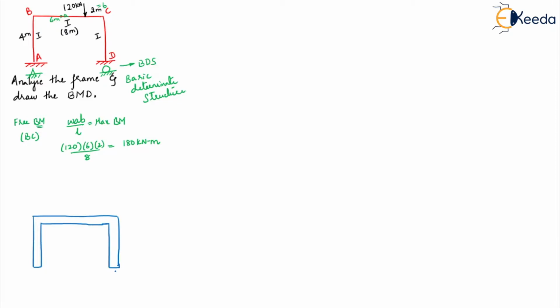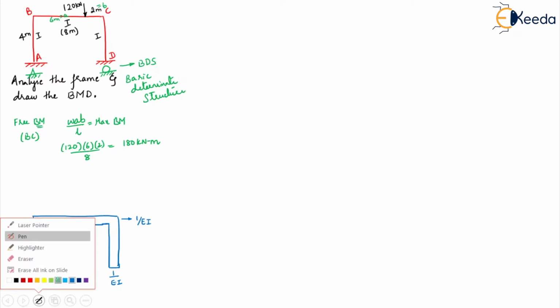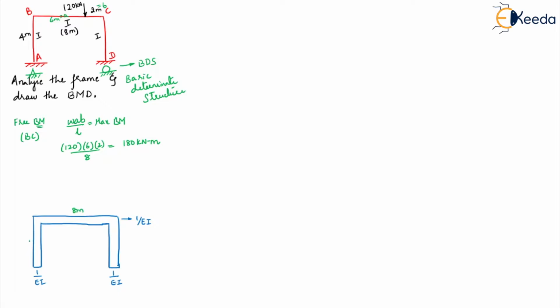Right. So, what is this? This is 1 by EI, you can say. Here, this is also 1 by EI. And this portion is also 1 by EI. Okay. And how about the length? The length here is 8 meters. The length here is 4 meters. And the length over here is also 4 meters.